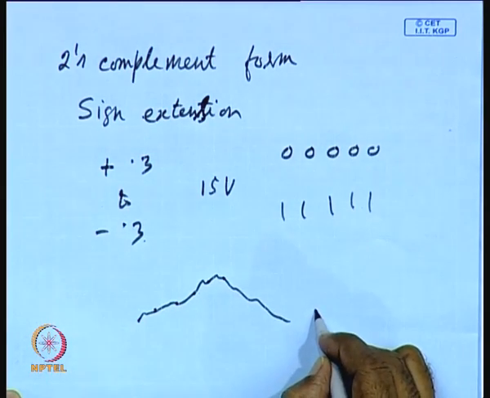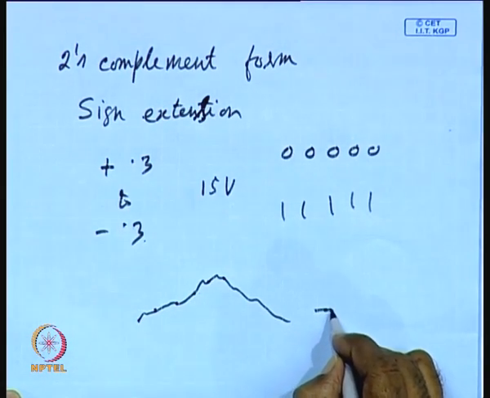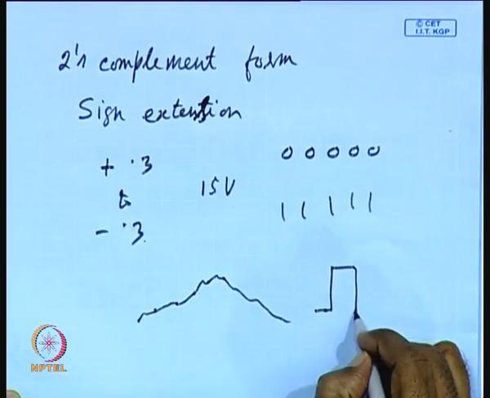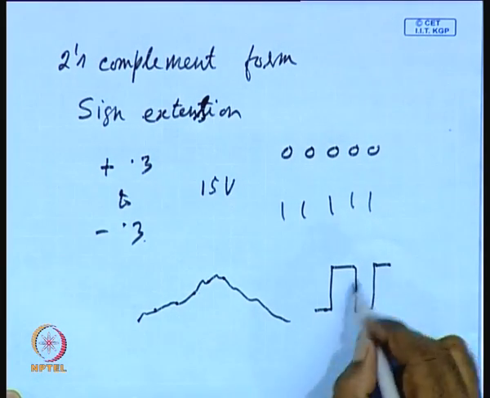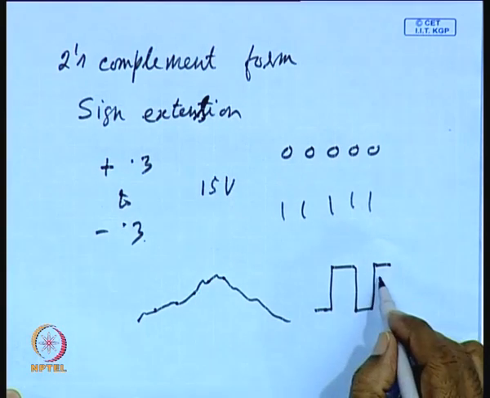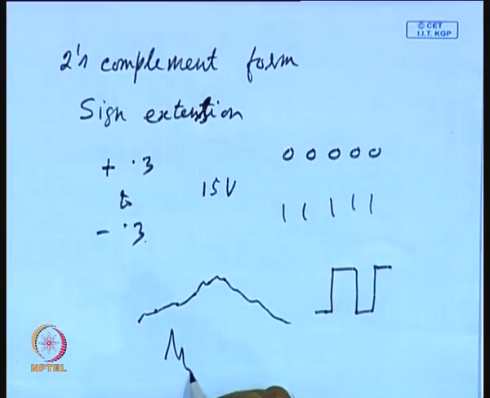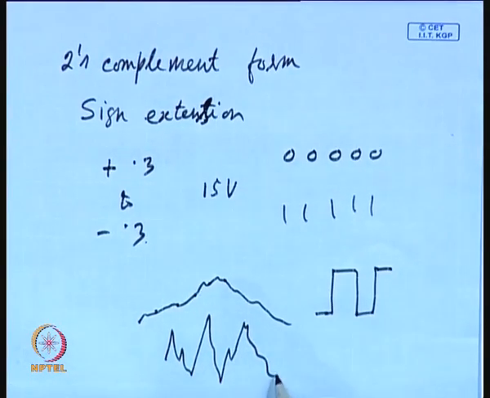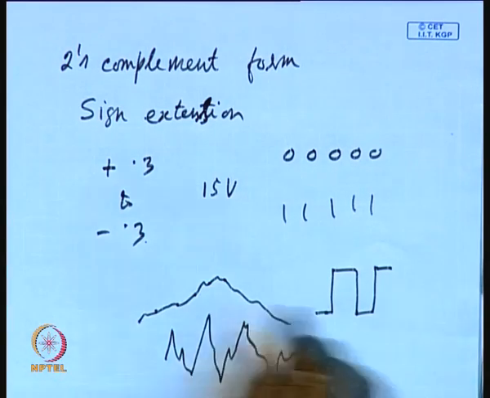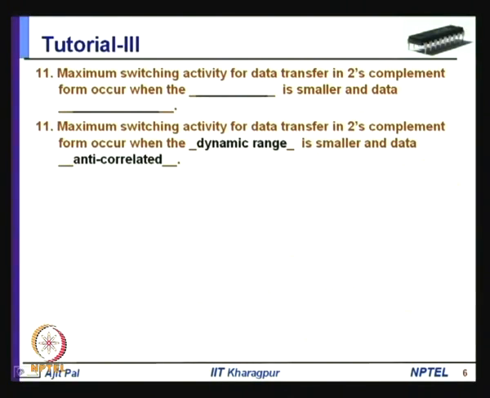On the other hand, if it goes from negative to positive, then negative and again positive, it is highly anti-correlated. In this case again a lot of changes will occur, or if it changes very quickly, then data is anti-correlated. So, in these two situations, that means when the dynamic range is small and data is anti-correlated, maximum switching activity occurs using 2's complement form.